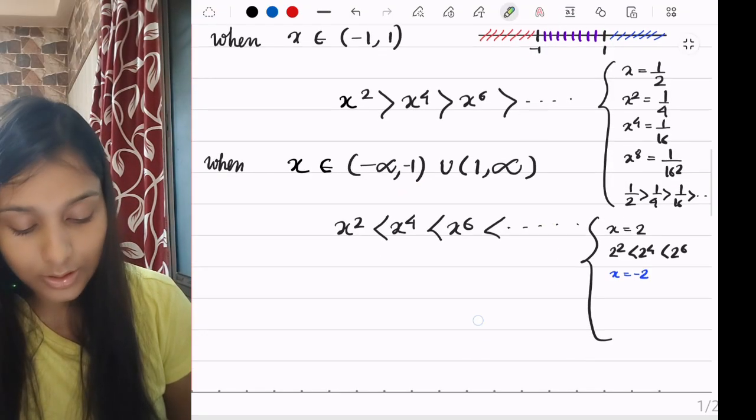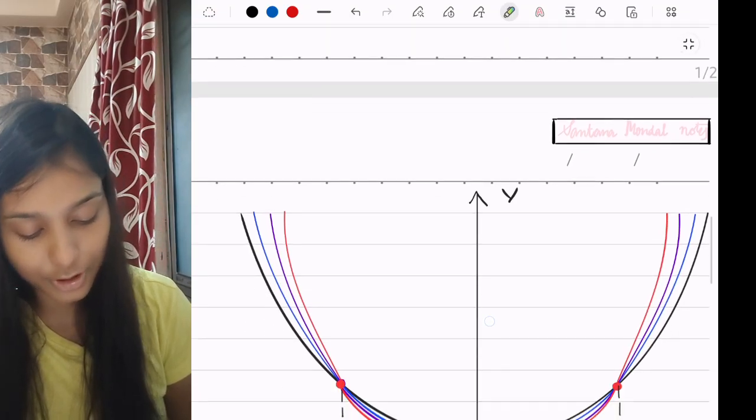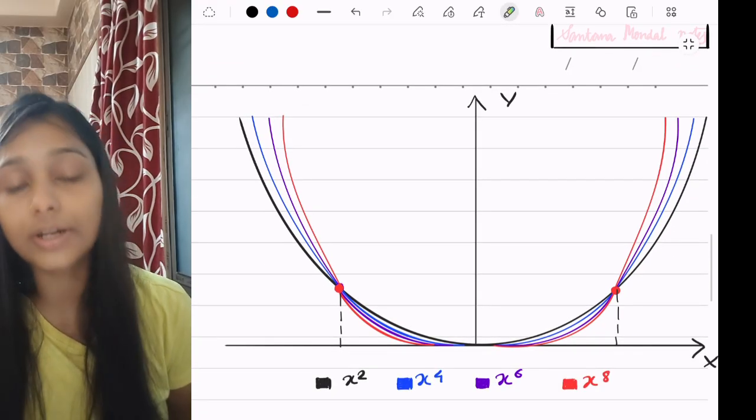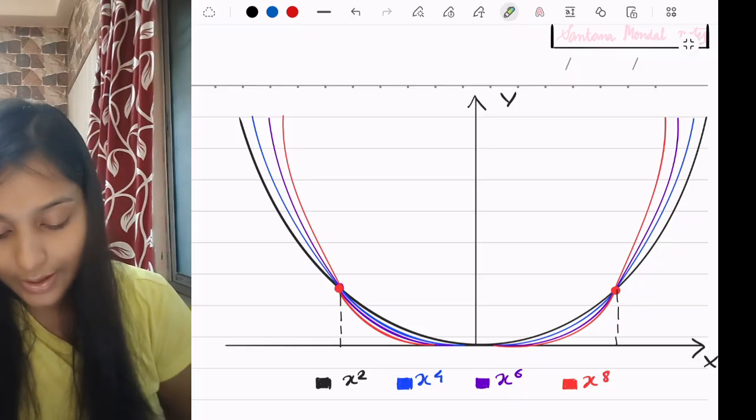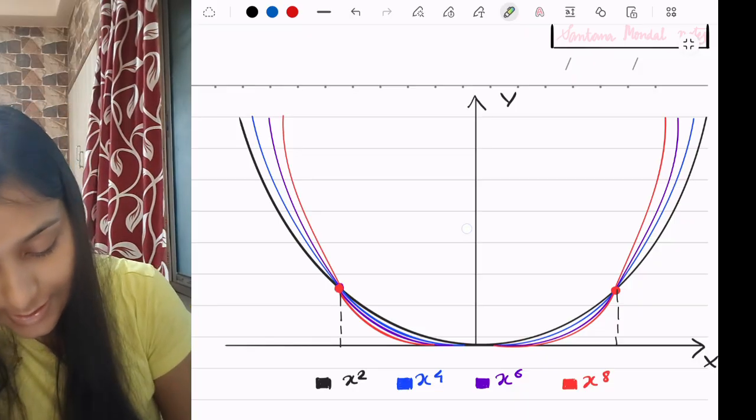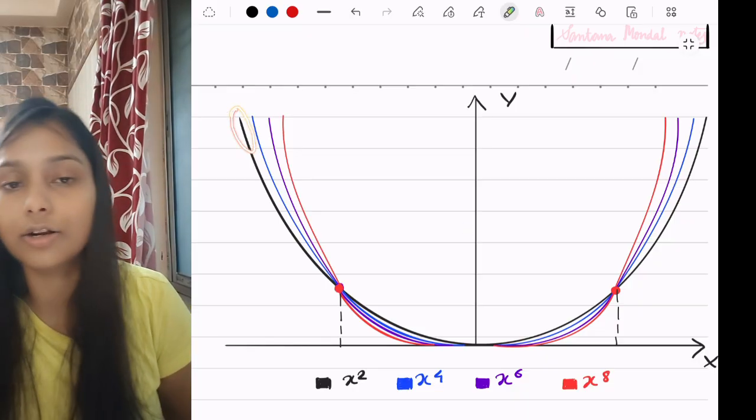Okay, now let us plot this function. Here I have already plotted the function. Starting from the function x square, the x square function is the black colored function.